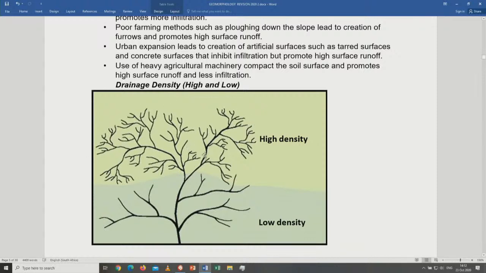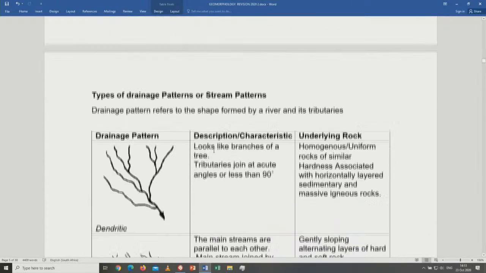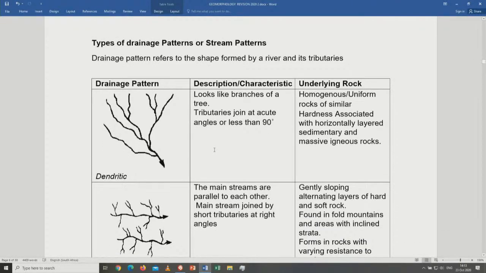There are some other aspects or factors that influence the way the streams are formed on the surface. Then the influence there is going to be high drainage density, or low drainage density over there. And then we're having types of drainage patterns.